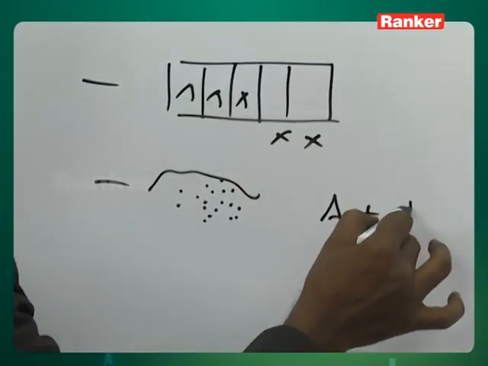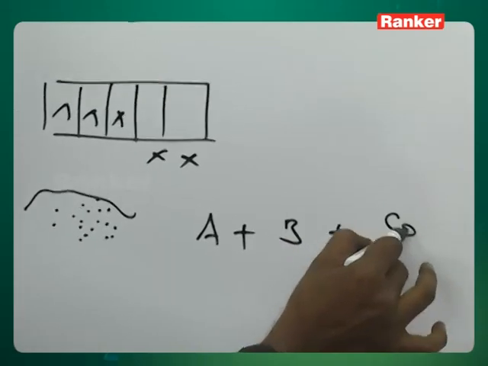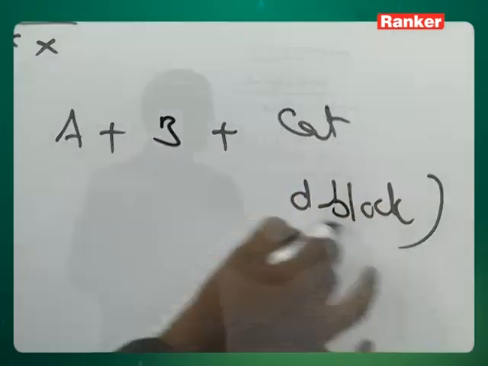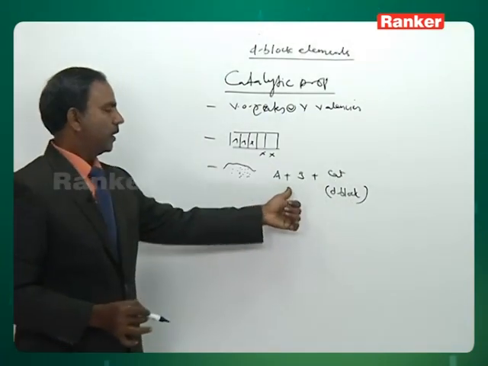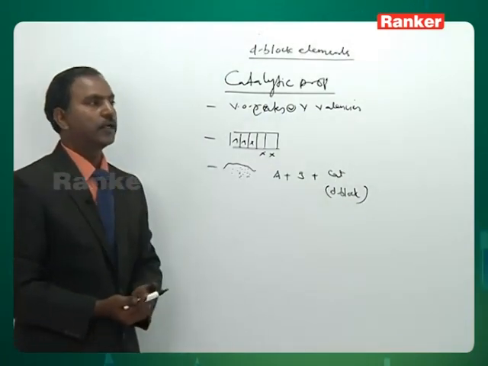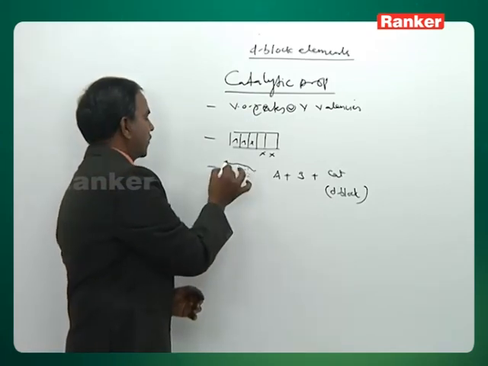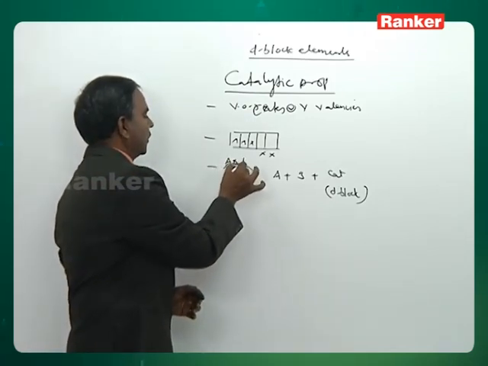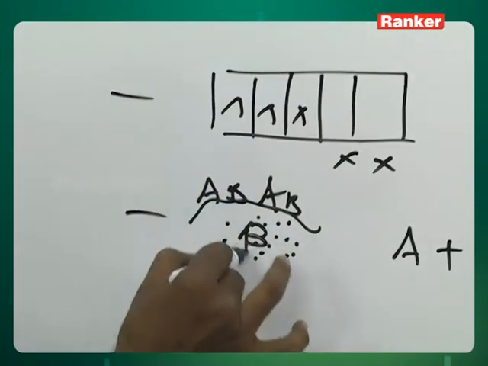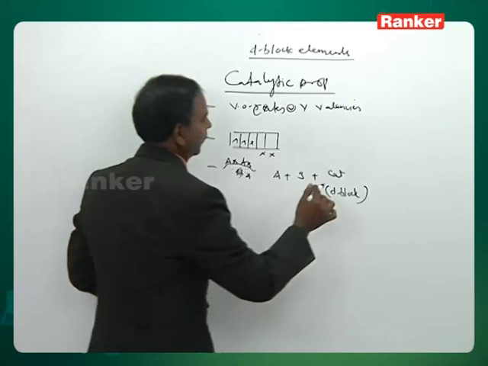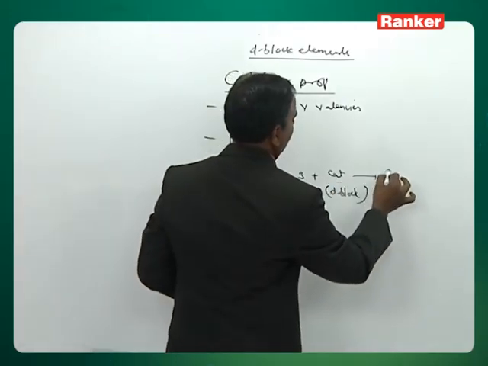Now we consider A and B plus catalyst, let me say d block. A and B reactants in presence of the d block catalyst, and because of greater atomic surfaces, it easily adsorbs the reactants and facilitates the reaction to take place.